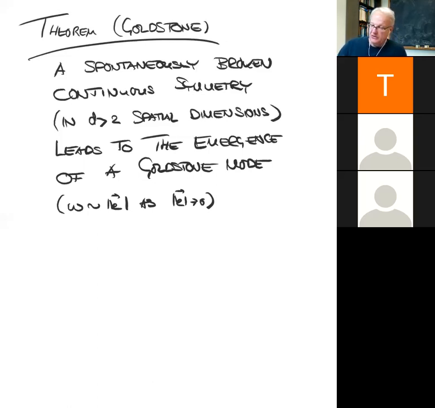So why is it important to have a theorem like this? There is a similar phenomenon here to the one that I mentioned earlier. You could ask, why couldn't there be all sorts of reasons that you have some kind of mode that, as the wavelength of the mode goes to infinity, its energy goes to 0. The comment is the same I made earlier. If you treat this quantum mechanically, you can treat the frequency or the energy of that mode in quantum mechanical perturbation theory. And then in general, as you take the wave number to 0, unless there is a reason that the frequency is exactly 0, it will in general not be 0.